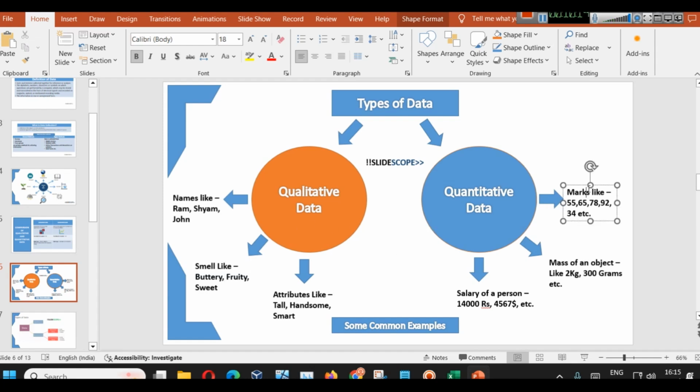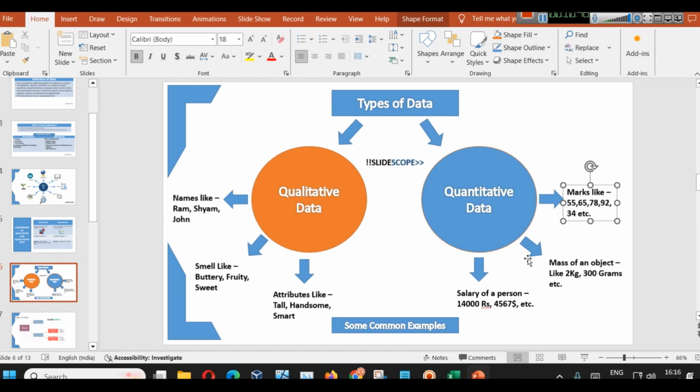Quantitative is someone's marks, the mass of an object, right? So when you see quantitative data, mostly units will be there. Physics units will be there, you know, we learned those units in physics. Suppose I say the mass of the object is 200. Then you would ask me, okay, 200, but 200 what? Grams, kilograms, etc. Right?